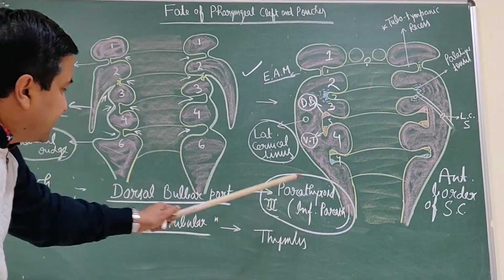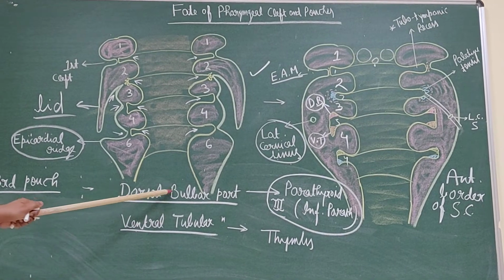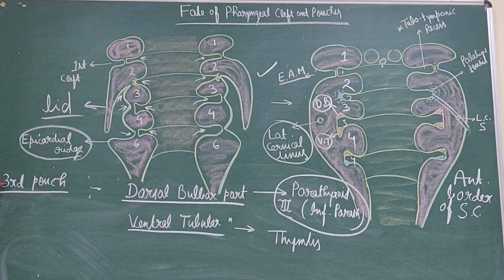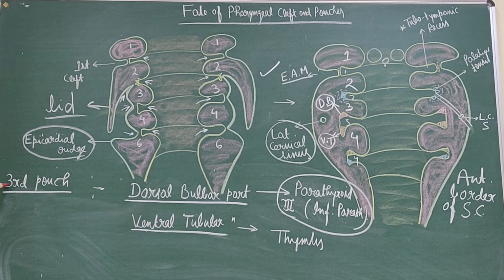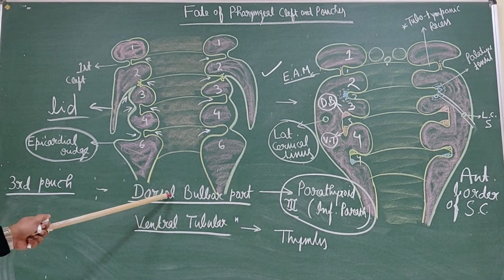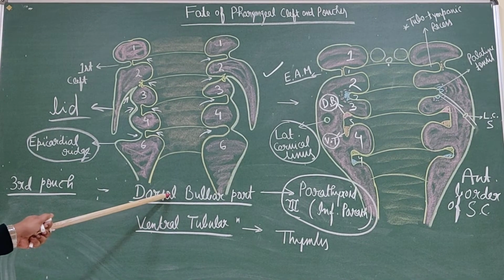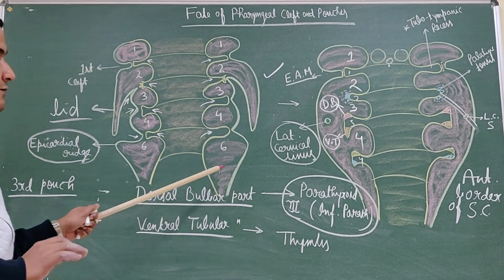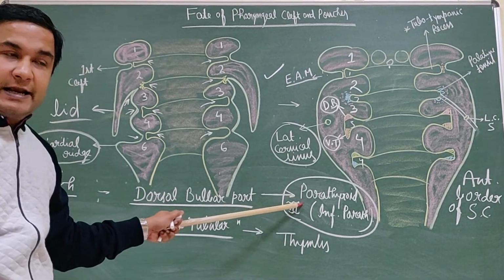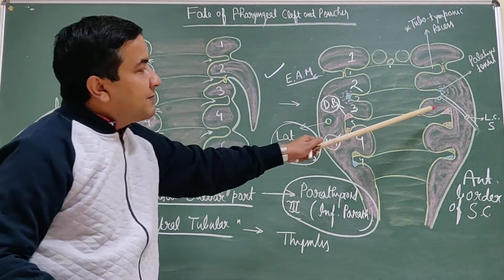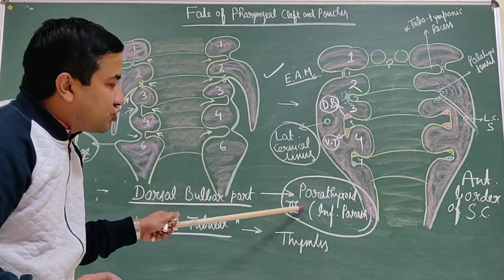It is derived from the dorsal bulbar part of the third pouch. It is also similar to the tonsil. It is endodermal in origin. The endoderm forms the parenchyma, while the surrounding mesenchyme forms the stroma of the gland.